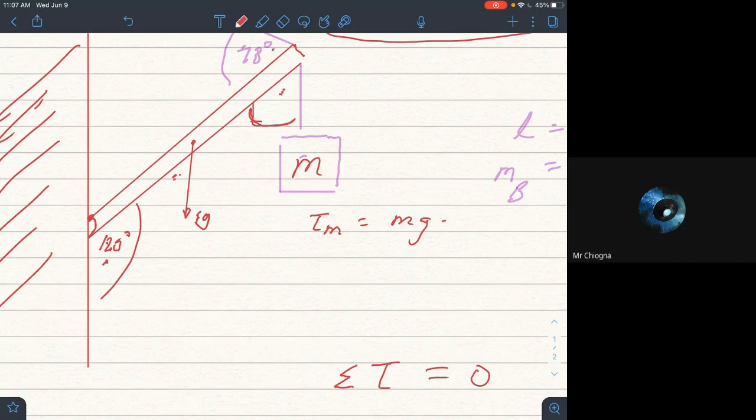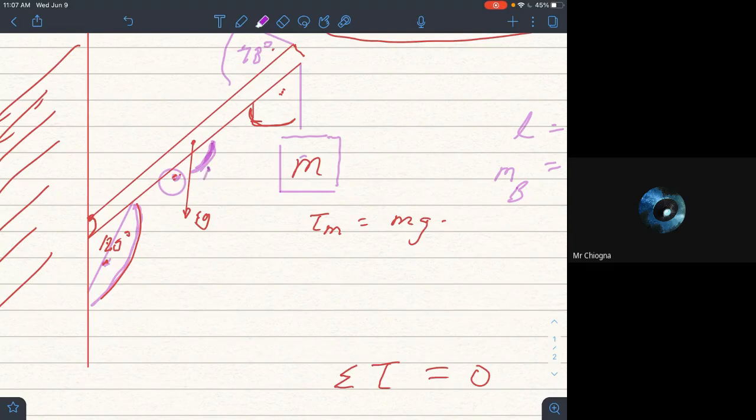This angle here plus this angle here must add up to 180. Well, look, how did I get that? Do you agree that this angle here is the same as this angle? You see that? That angle there is the same as that angle. So this angle here must be the supplementary of that. It must add up to 180.